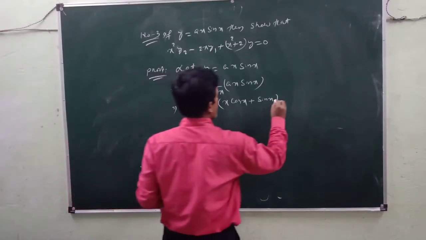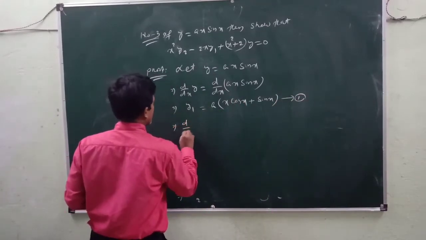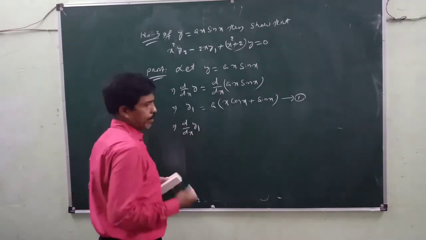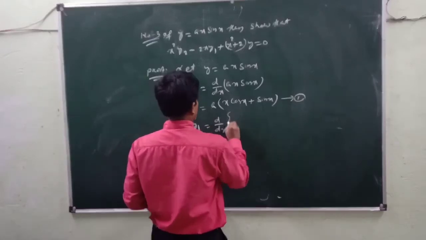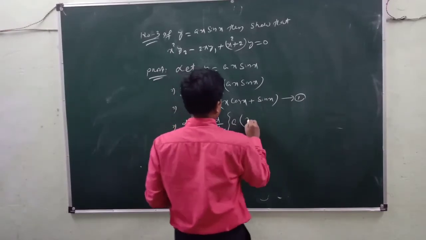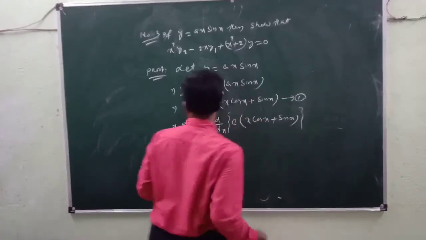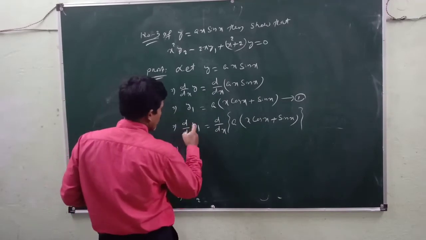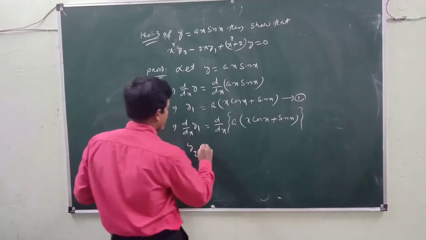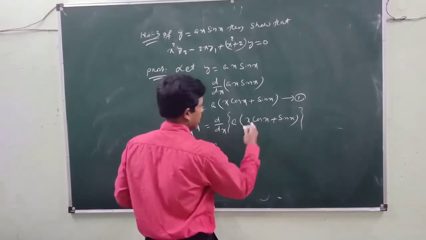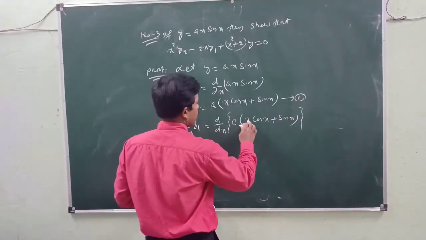Now d by dx of y1, again I take the derivative on both sides, so it will be d by dx of a into x cos x plus sin x, that implies the derivative of y1 with respect to x will be denoted by y2. Here a is a constant, again find the derivative of x cos x plus sin x.